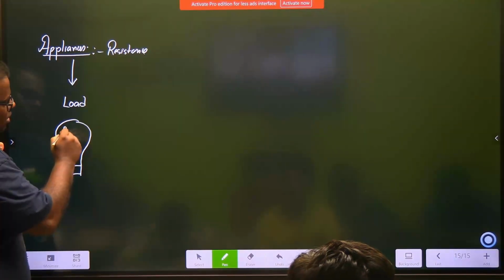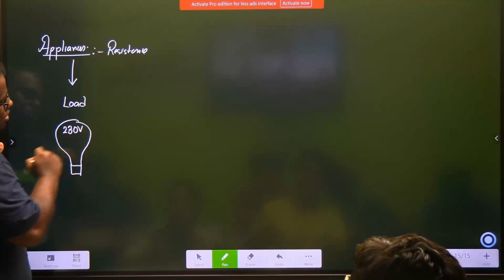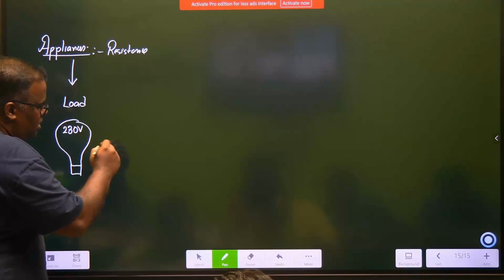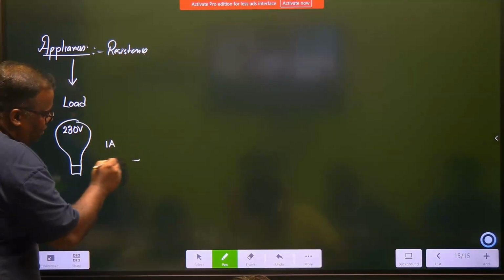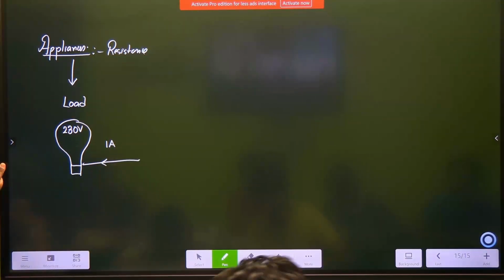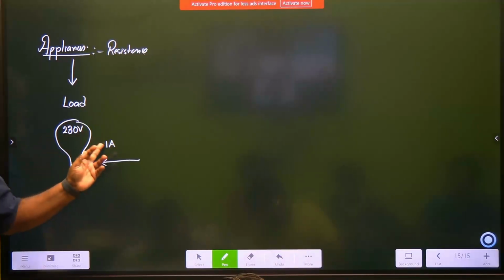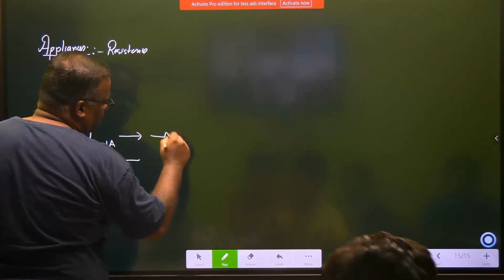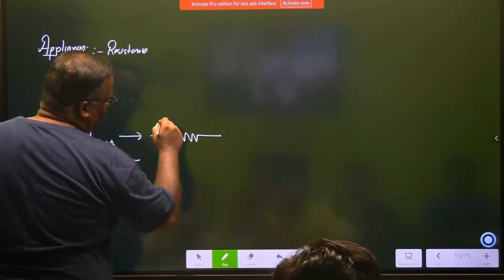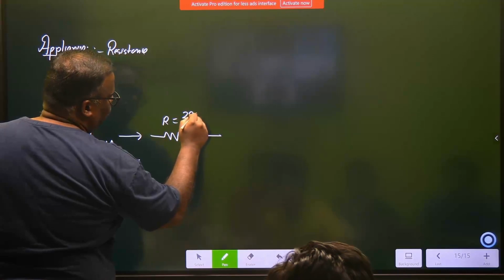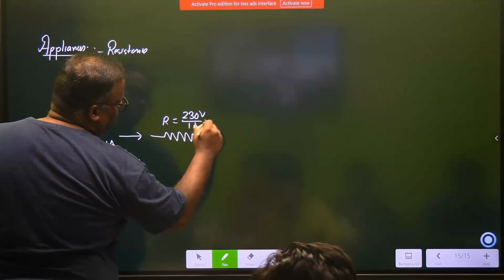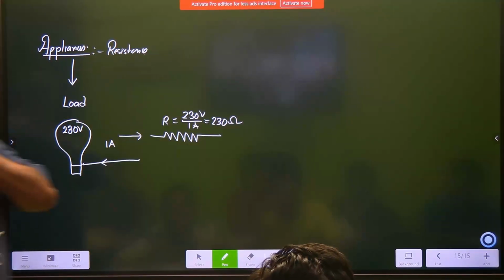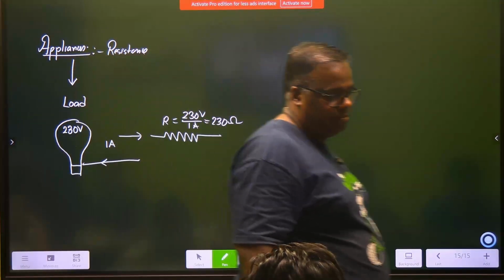What will be written here? 230 volts. Correct? If I connect it at 230 volts, say it is pulling a current of 1 ampere, as I told you the other day, it pulls current. At that time, this bulb is analogous to a resistance R, whose value is 230 V by 1 A, which is equal to 230 ohms. Understood? Clear?